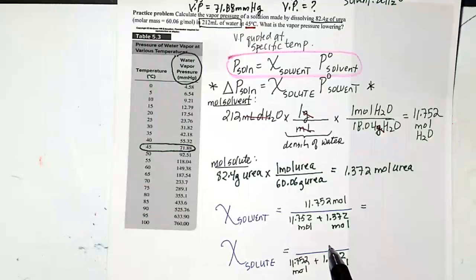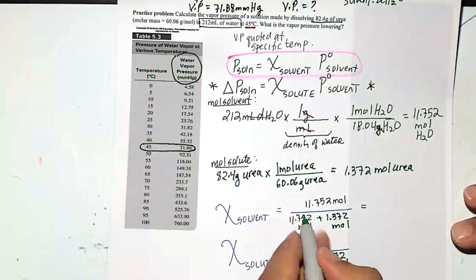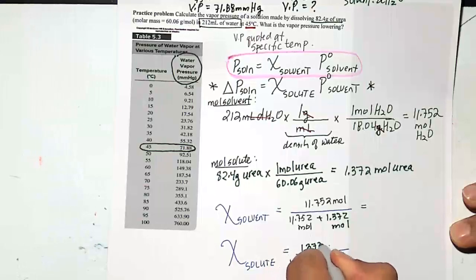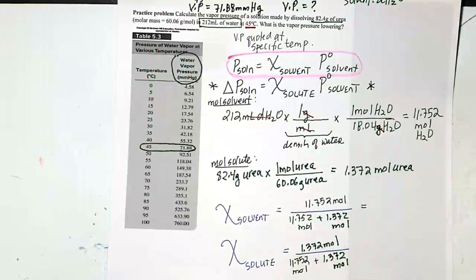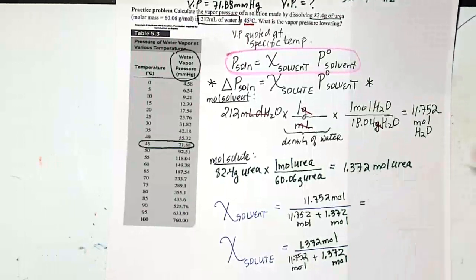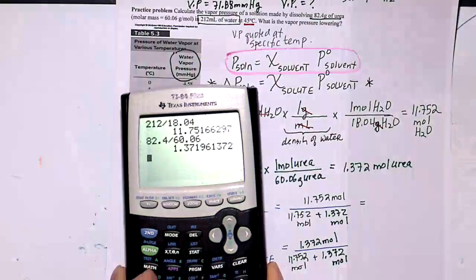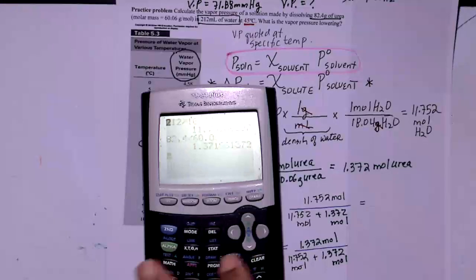But here, what goes in the numerator? One is the fraction of the solvent over the whole thing. Our solvent is going to be water. The other one is the fraction of the solute over the whole thing. Here, our solute is urea. So I just thought we'll just calculate both.